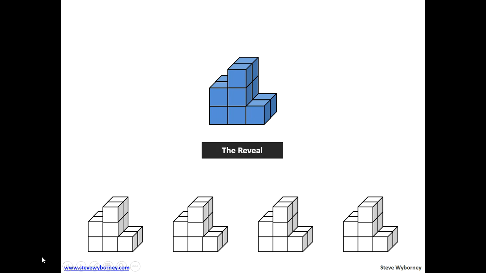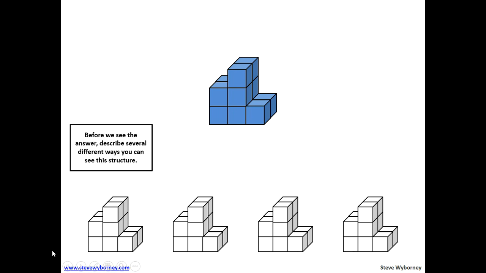So first of all, when I'm looking at this structure right here, I see 4 in this column. I see 6 in this column. Remember, there are some cubes hiding that we can't see. And then I see 2 over here.